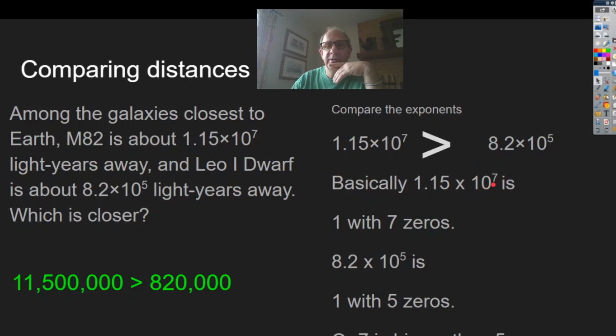Because 10 to the 7th is 1 with 7 zeros, and 10 to the 5th is 1 with 5 zeros. So we can look at that. If I move 7 spots over, I've got 11,500,000.